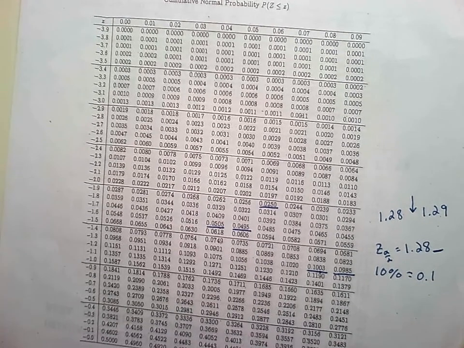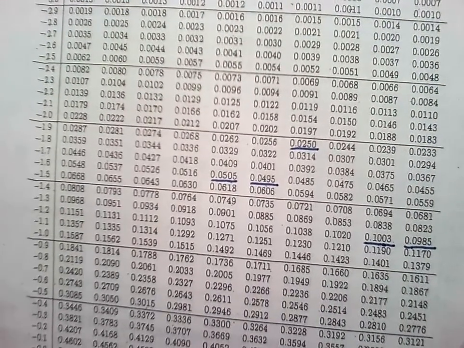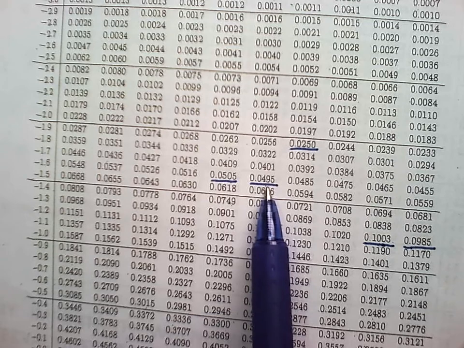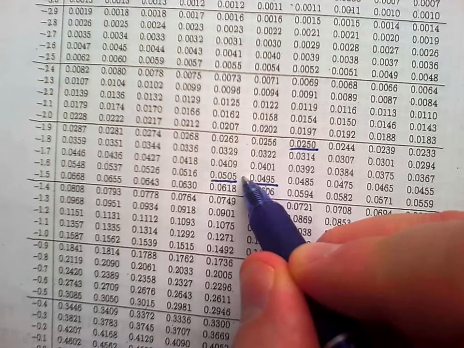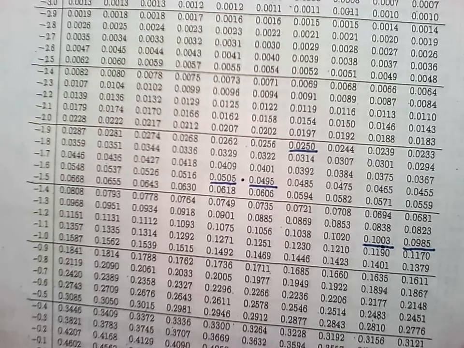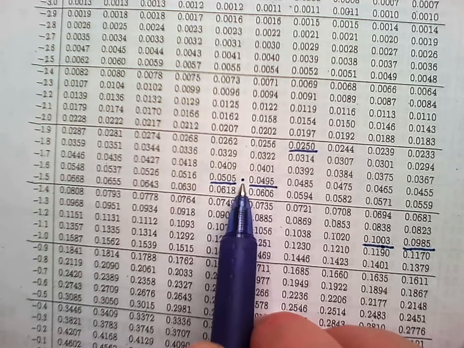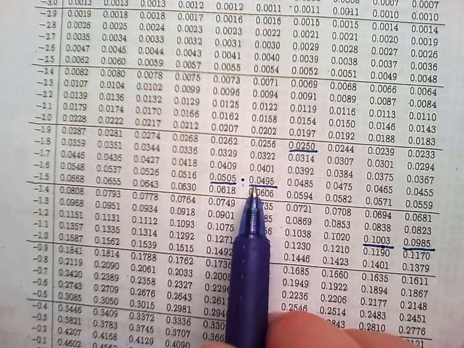But now let's take a really, really close look at this. We're in between z values of negative 1.64 and negative 1.65. We're looking for 0.05. Note here that 0.05 is exactly in the middle between these two values. Right? We're as far away from 0.05 here as we are right here.